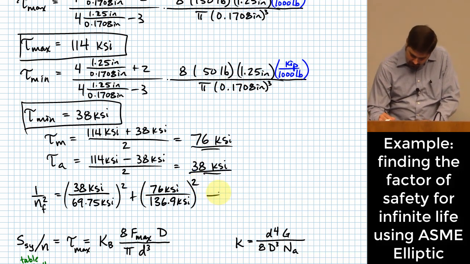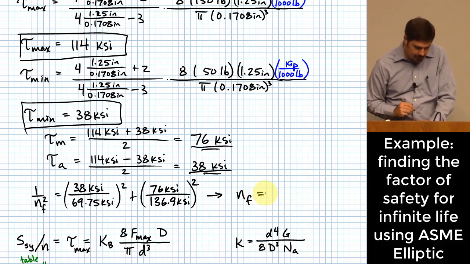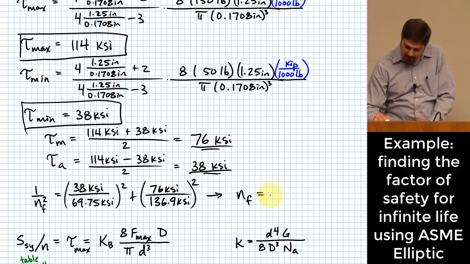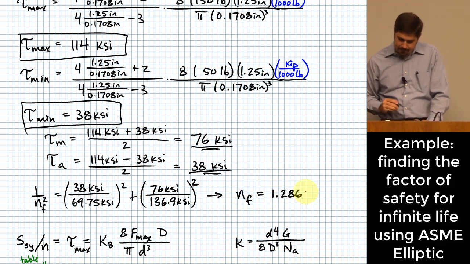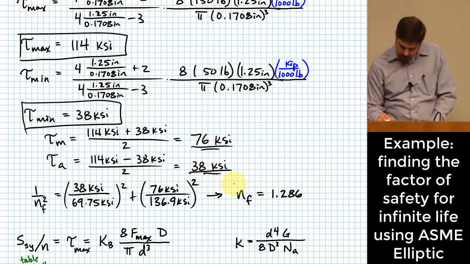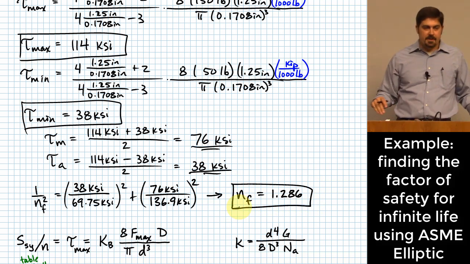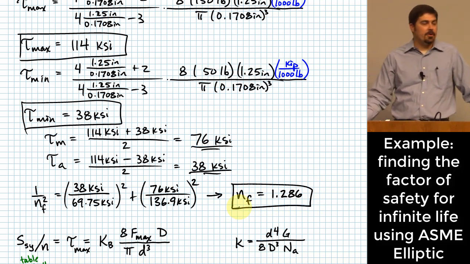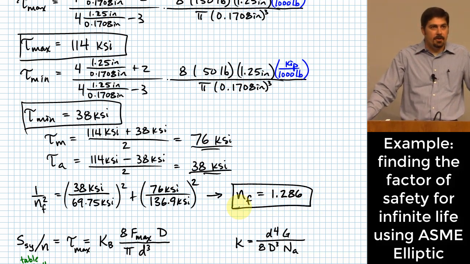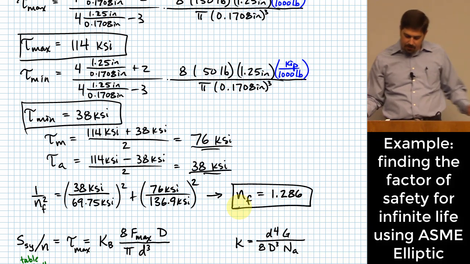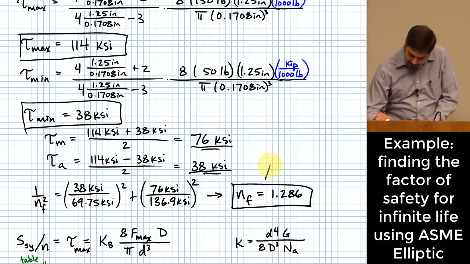Okay, and if we solve this for n sub f, it ends up giving me 1.286. So what's our conclusion? At least based on this failure criterion, we expect it will last forever because my factor of safety is greater than 1. All right, so that is for the ASME elliptic criterion.